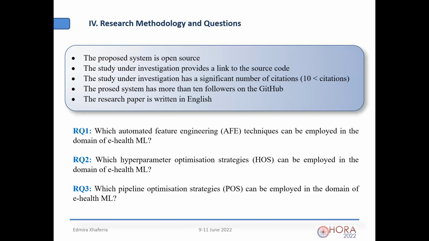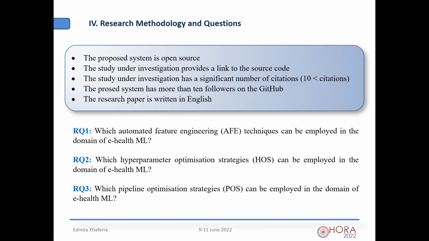Here are the criteria we have used to select the papers, and below are the proposed research questions. There are 3 research questions, and the 70 selected papers are reviewed based on them. The first research question asks which automated feature engineering techniques can be employed in the domain of e-health machine learning.